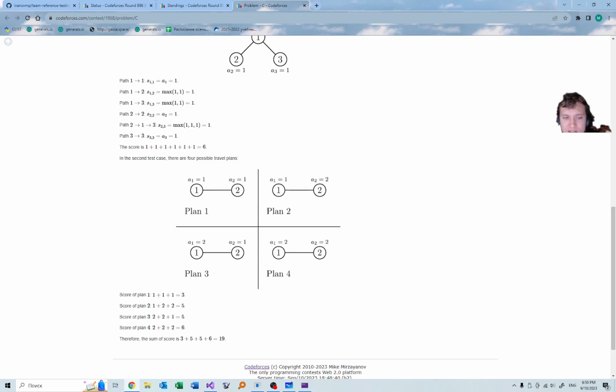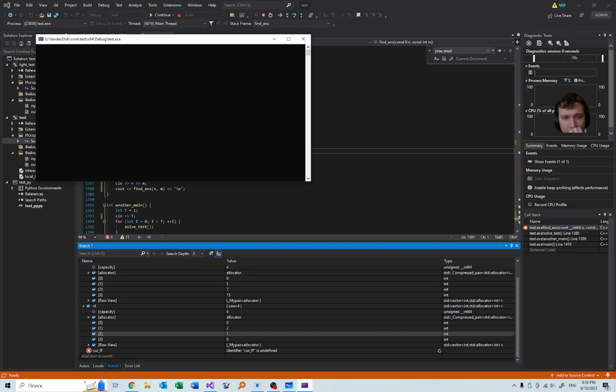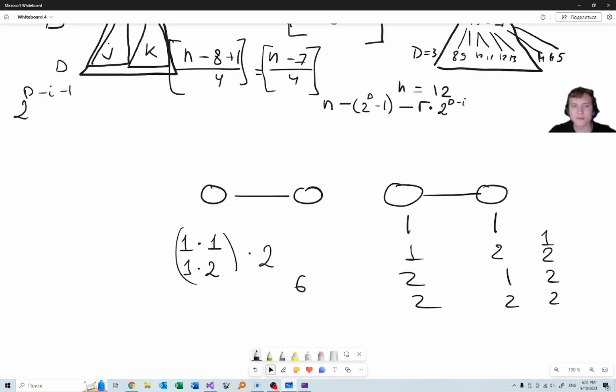But why should 6 be doubled? So again, what's the point? First of all, I have two paths of length 1. Secondly, in each of these paths, I choose one vertex as a path, and the second one can be arbitrary. And finally, for this, I iterate.